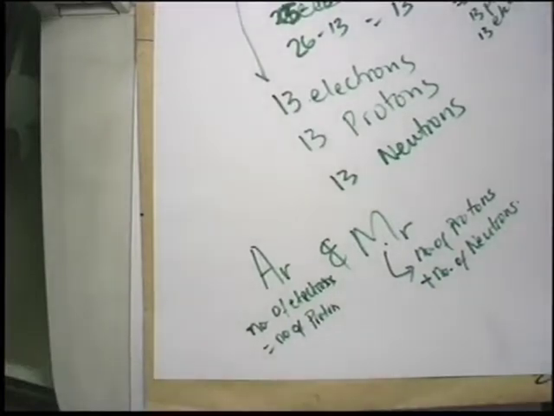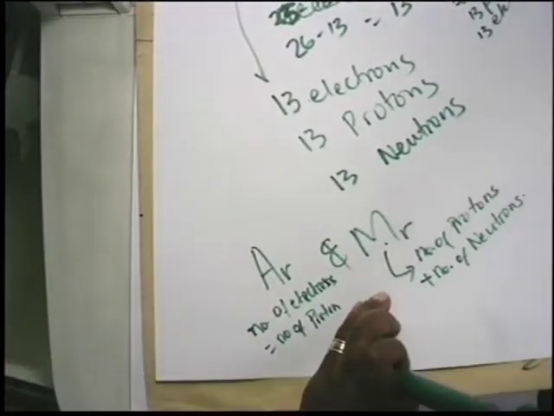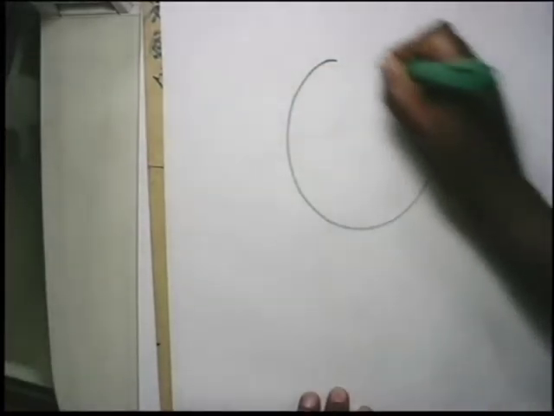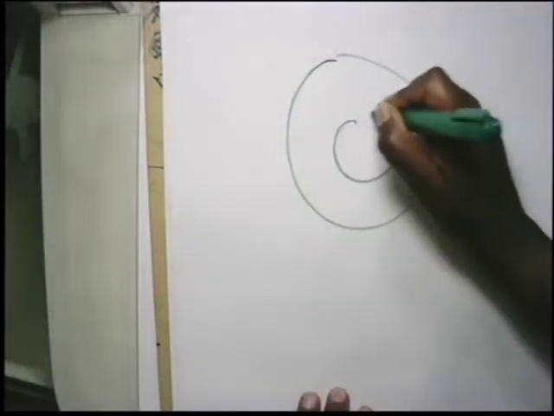If we have to draw this atom, then we see this is the atom. Here is the nucleus.